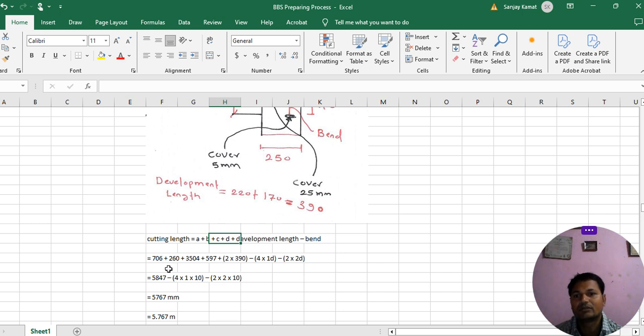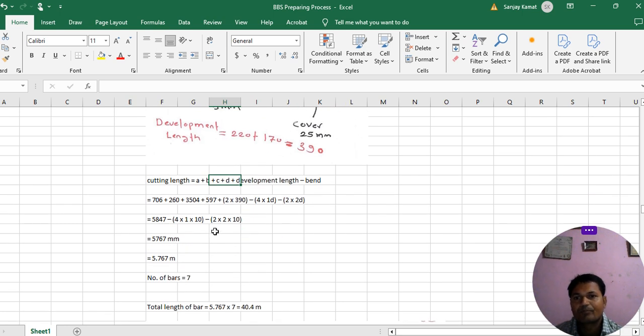A is 706 mm, B is 260 mm, C is 3504 mm, D is 597 mm, plus the development length, which is 390. And bend is 2D, which is 2 into 2 into 10.